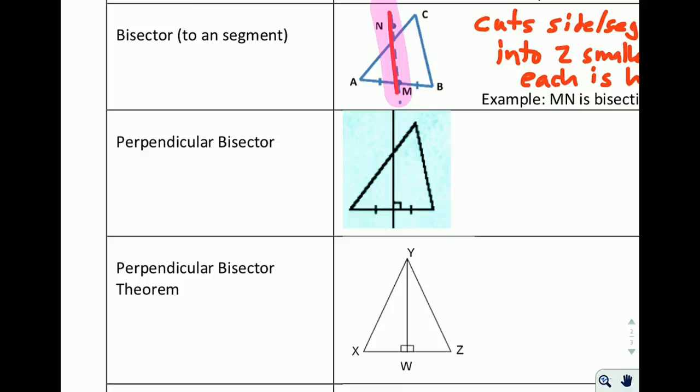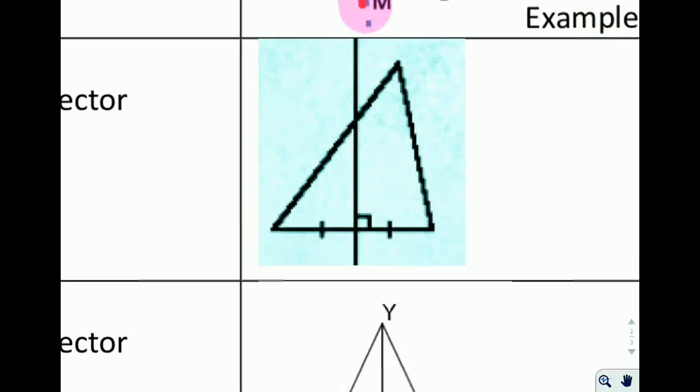Now building on that, we have a new one, a perpendicular bisector. It's just like a bisector to a segment. It takes a segment and it slices it in half. Now when it slices it in half, you'll notice that it doesn't just come in at any angle and hit the midpoint of that line. It actually comes in specifically at a 90-degree angle. That's what makes it perpendicular.